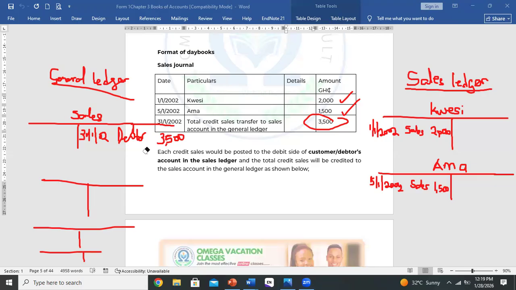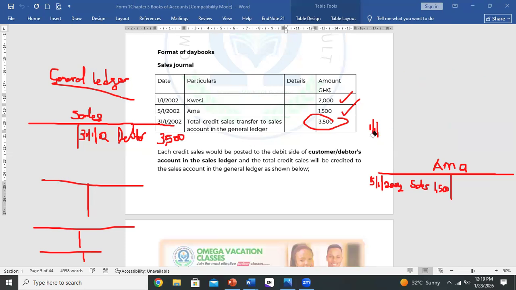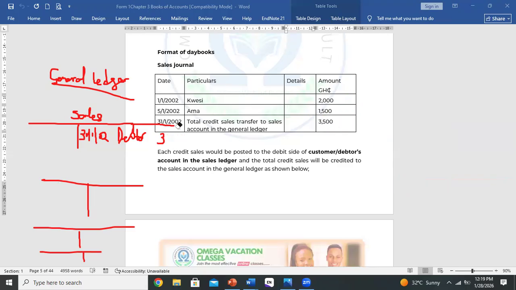Now, why do we do the debit in the cash or bank or debtor and do the credit in the sales? Let me explain that to you quickly here. In accounting, as you saw from the accounting equation, we have these elements which are asset, capital, liability, expenses, and income.